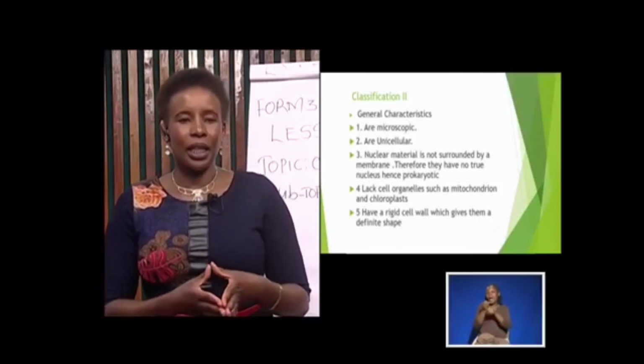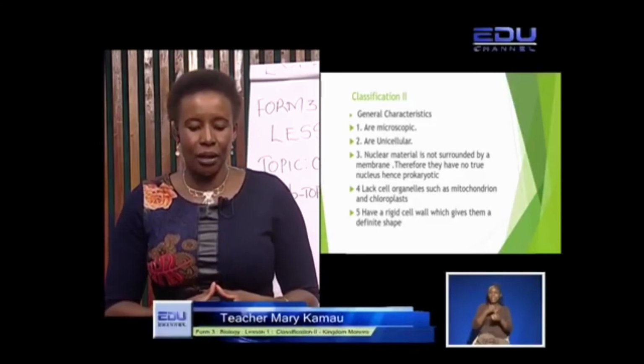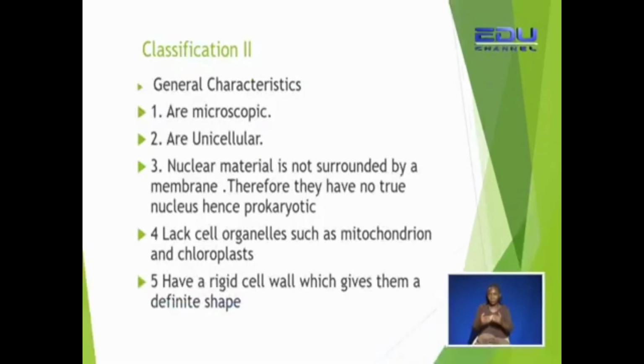So Kingdom Monera comprises organisms which are unicellular. Number 3, their nuclear material is not surrounded by a membrane. That is, they do not have a true nucleus, and therefore they are said to be prokaryotic.